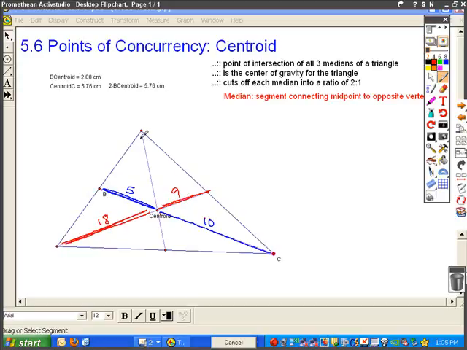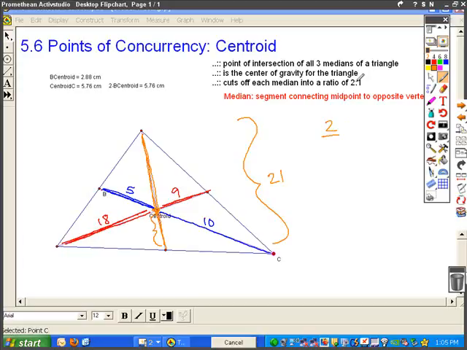And then finally, you can think of, if I told you this whole thing was 21, what does that mean this portion down here is going to be? If the part-to-part ratio is 2 to 1, that means that you have 2 out of how many total parts?